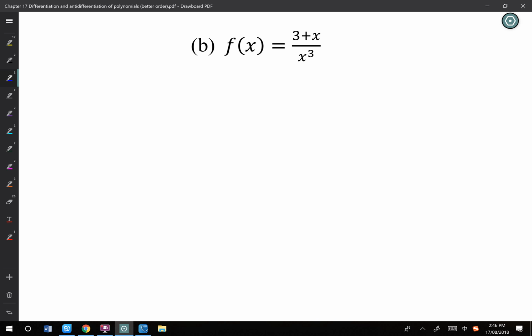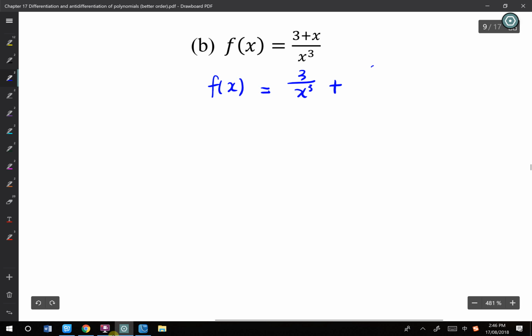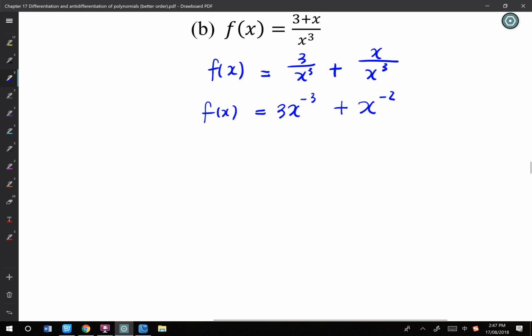Well, the last one, I can use this method too. It's the same as the dz dt question. I can separate by this method. So 3 divided by x cubed plus x divided by x cubed. That's 3x to the power of -3 plus x to the power of -2, because at the bottom you have 2, so it's -2.